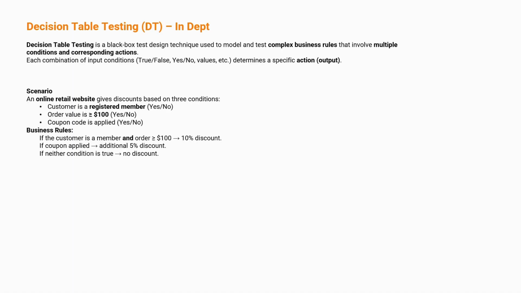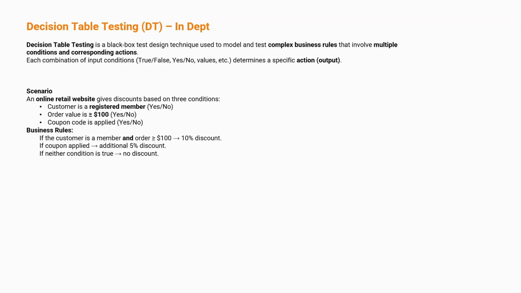Let us try to design a test case using a decision table for the following scenario. An online retail website gives a discount based on three conditions. First, the customer is a registered member, yes or no. Second, the order value should be greater than $100.